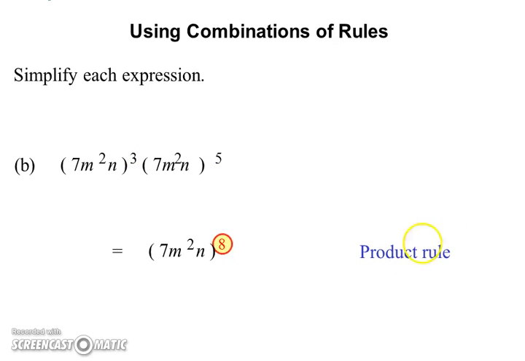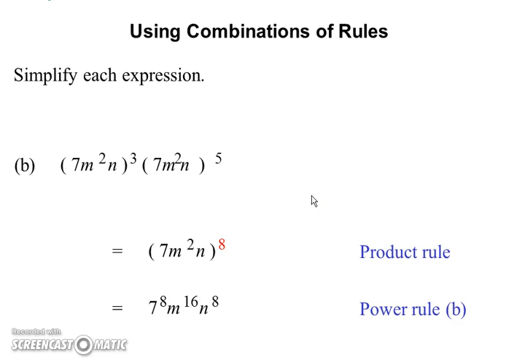So we raise 7 to the 8th power, m squared to the 8th power, and remember, to do that we multiply our exponents to get m to the 16th, and n to the 8th power is just n to the 8th power. And this is our final answer, simplified.